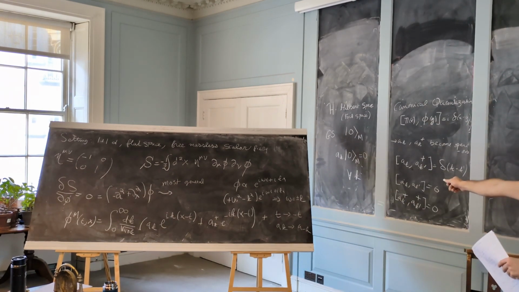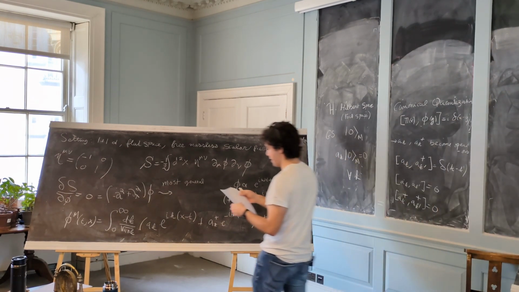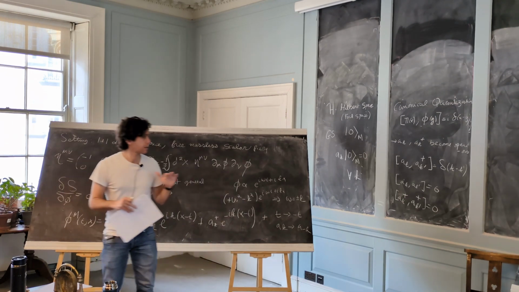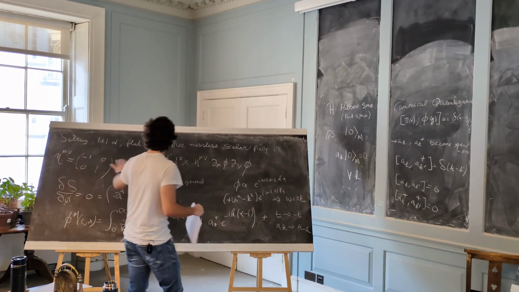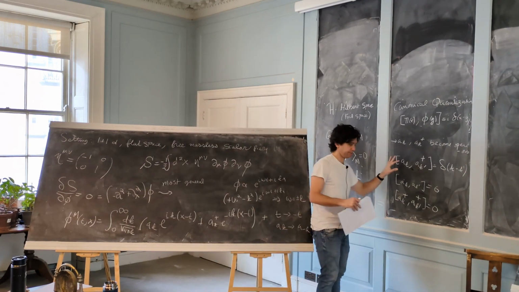Can everybody see that? Can the camera see that? Okay. So that's how we quantize this scalar field in regular Minkowski space.